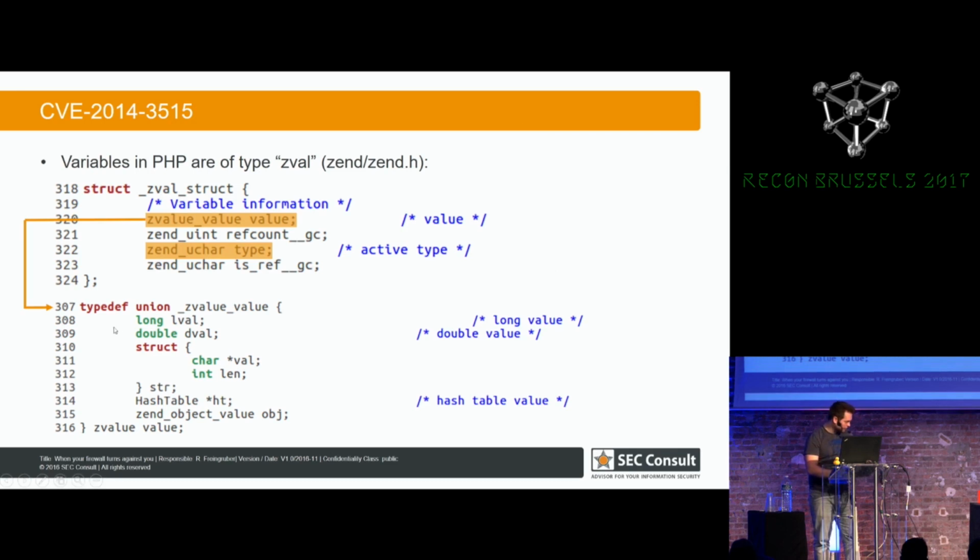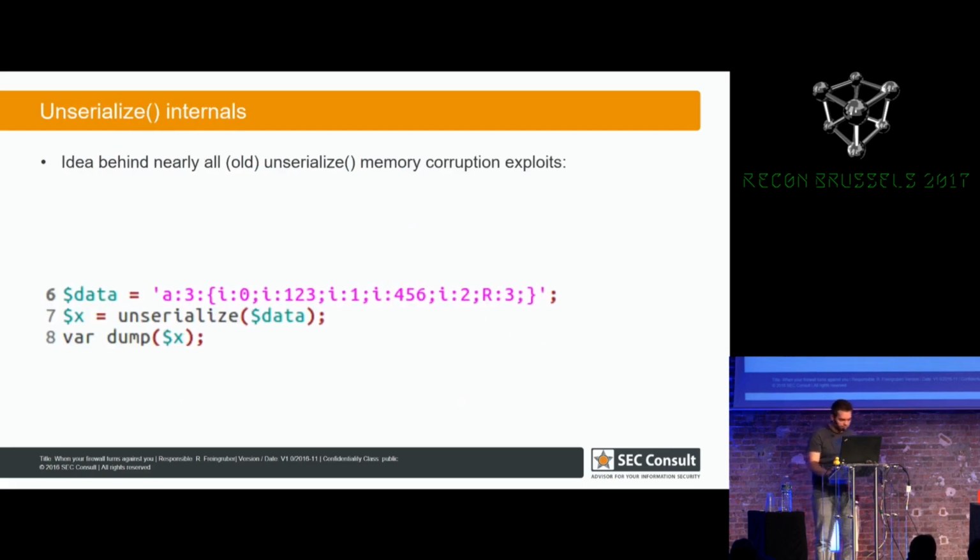If it's, for example, a string, it will be interpreted as a string pointer and a length. And you also see that this data structure contains a reference count. That means we are counting the references. So for example, if I'm holding 3 pointers to it, the reference count should be 3. As soon as the reference count becomes 0, the memory should be freed.